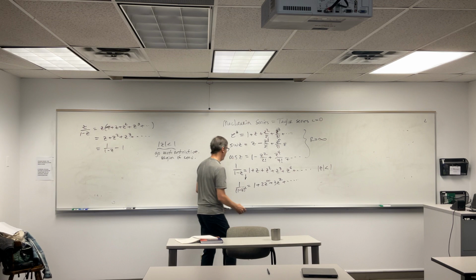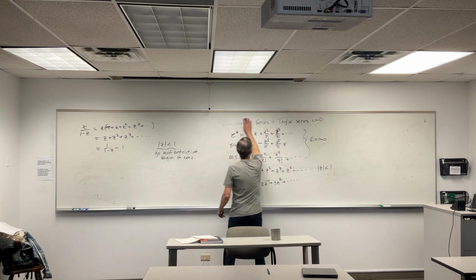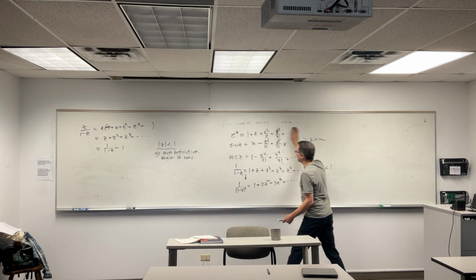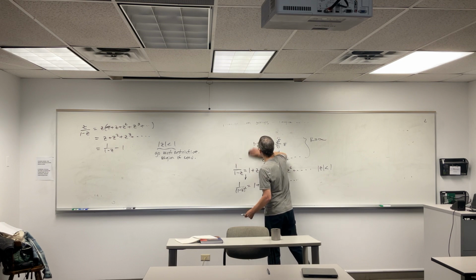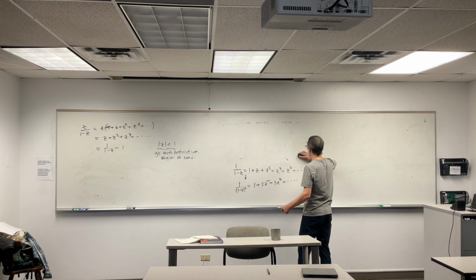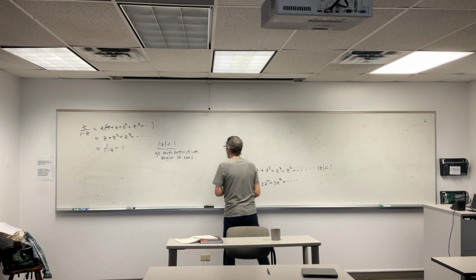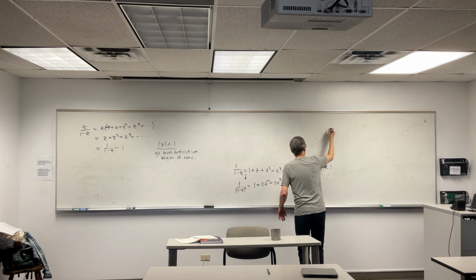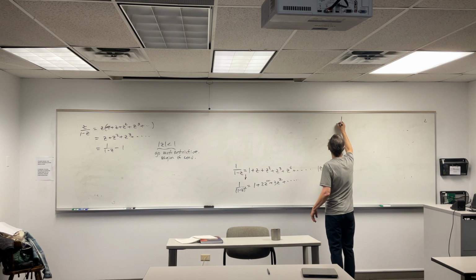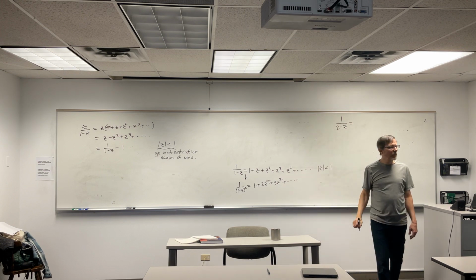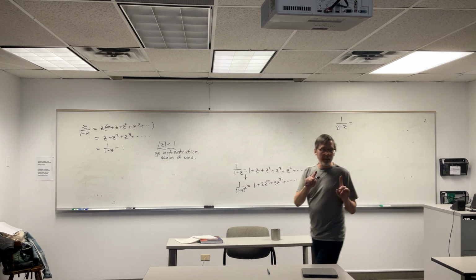Now we can have so much fun. I'm just going to leave these bottom two up. What about this series? We have 1 over 2 minus z. So here's the game.